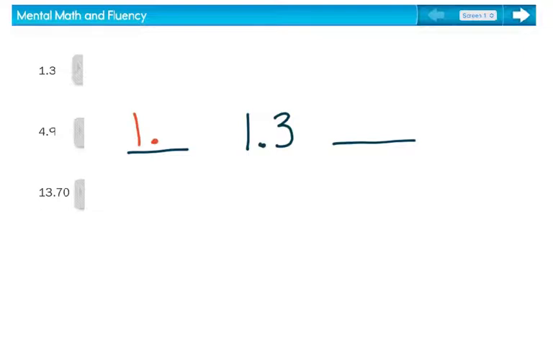So I could say 1 2/10, and one that would be greater would be maybe 2 7/100.